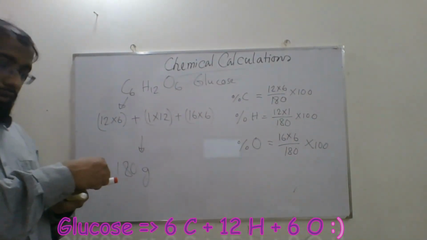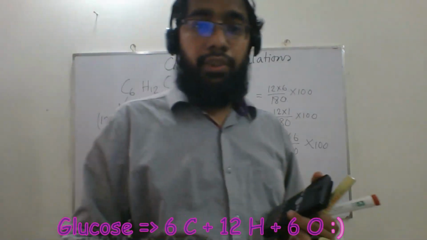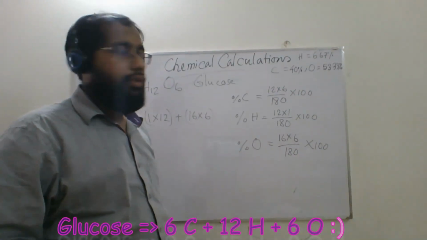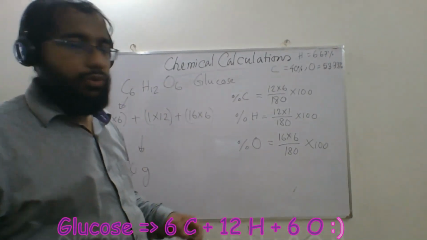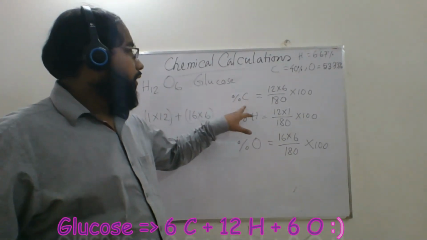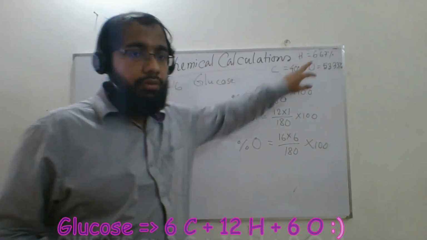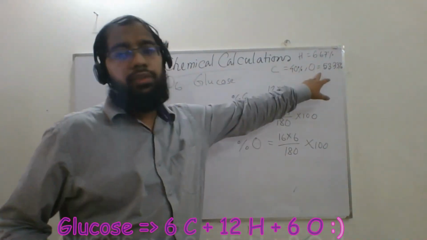Then what will be the result? So the result will be, okay, the percent composition: carbon is 40%, hydrogen 6.67%, and oxygen 53.33%.